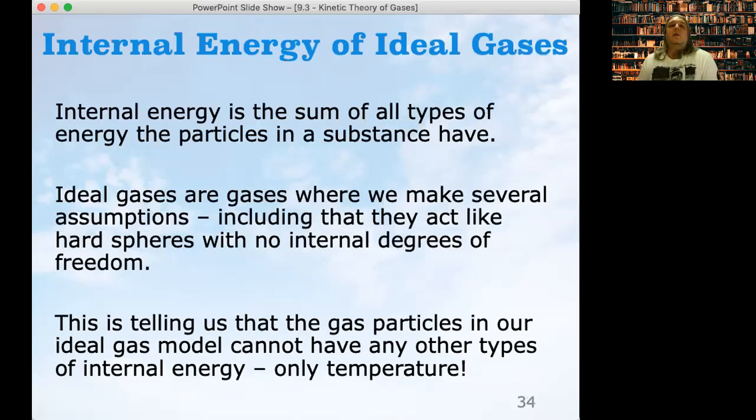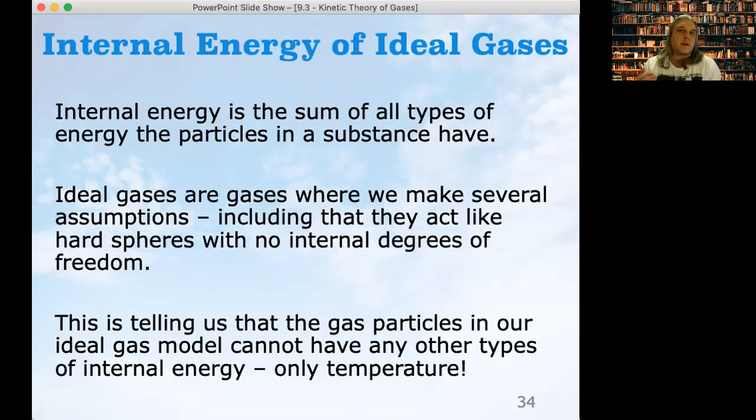The last thing that we want to mention is we've been talking about ideal gases. Now we've introduced this concept of internal energy. What does the internal energy of an ideal gas look like? Well, when we made our assumptions for the ideal gas model, we said that these gas particles are essentially just hard little spheres, and so they're not going to be rotating, they're not going to be vibrating, they're not going to be doing anything else. They're single spheres, so they're not chemically bonded with anything else. We have essentially no other way that it can store energy, right?